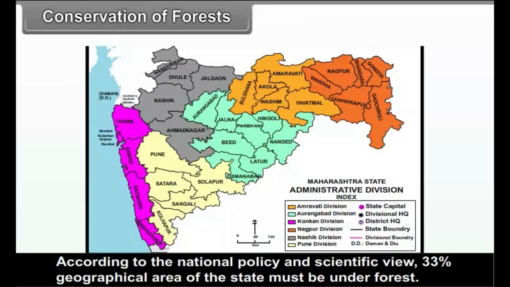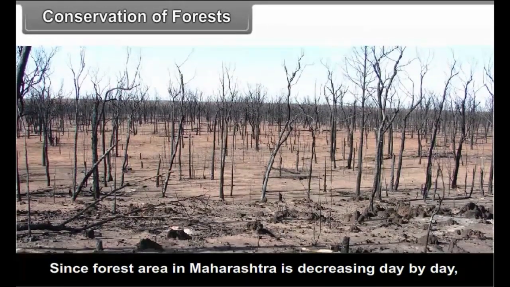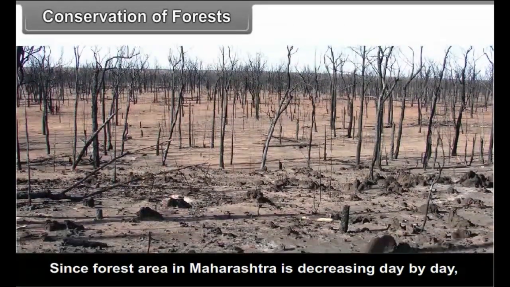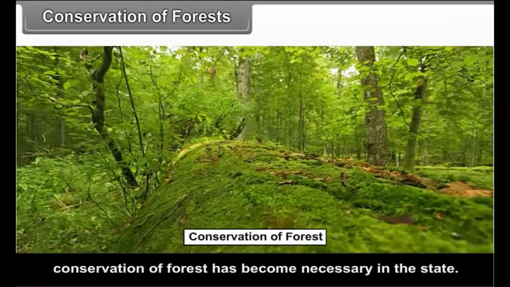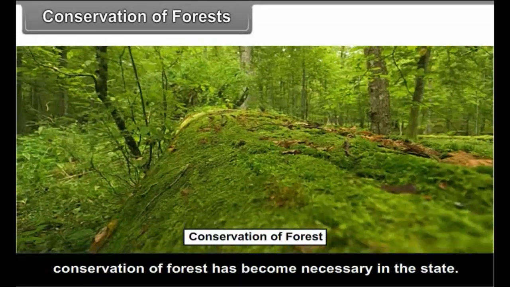According to the national policy and scientific view, 33% of geographical area of the state must be under forests. Since forest area in Maharashtra is decreasing day by day, conservation of forest has become necessary in the state.